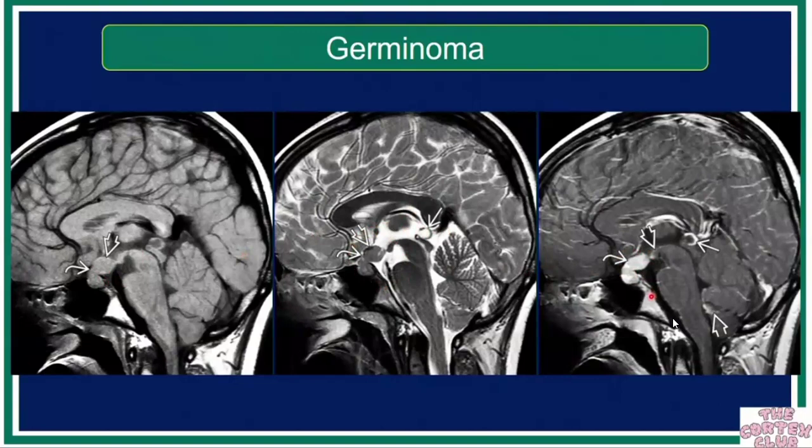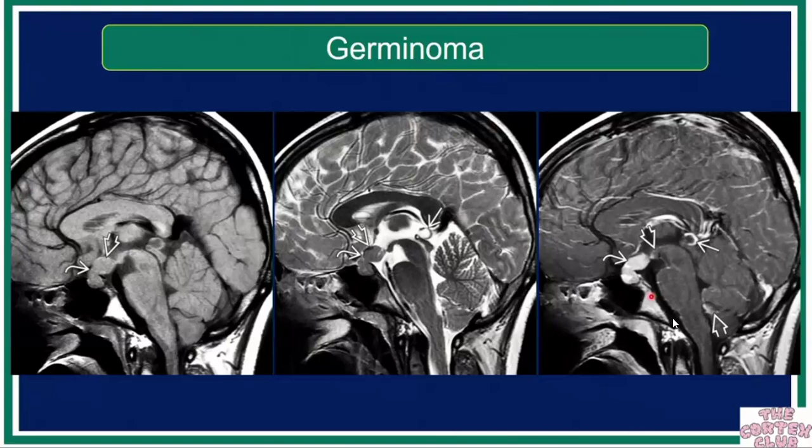Now, if you remember the images of hypophysitis, where there is diffuse enlargement of the gland itself with thickening of the pituitary stalk, that kind of appearance can be seen with Langerhans cell histiocytosis in kids. And since germinomas are also common in kids, there can be confusion whether we are dealing with a germinoma or an LCH case. But usually in LCH, you will see other abnormalities, because LCH has all those little bone lesions.